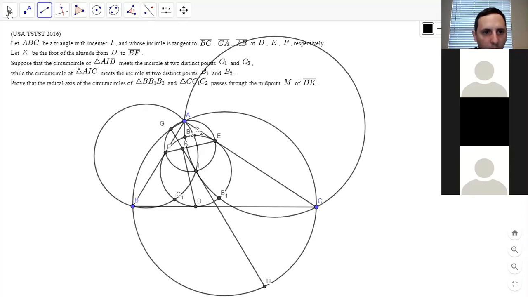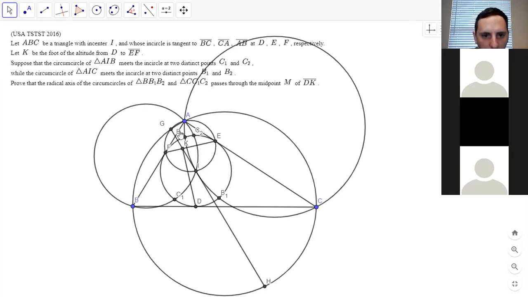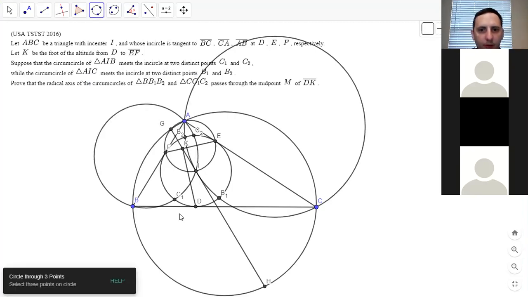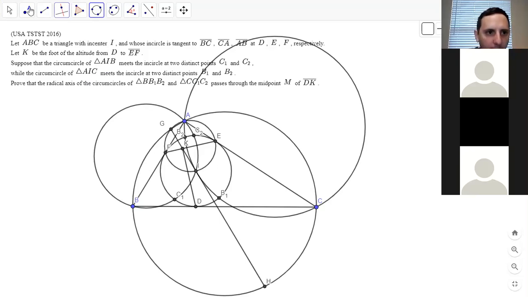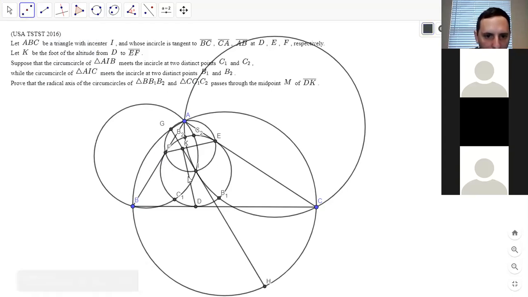And then we want to draw the circles we're actually talking about. So B, B1, and B2. I mean, maybe it's just easier to show, so the midpoint of BK. So we're going to call that M.